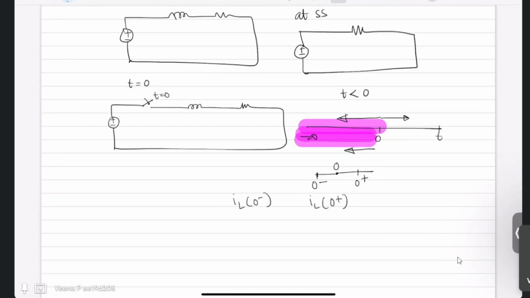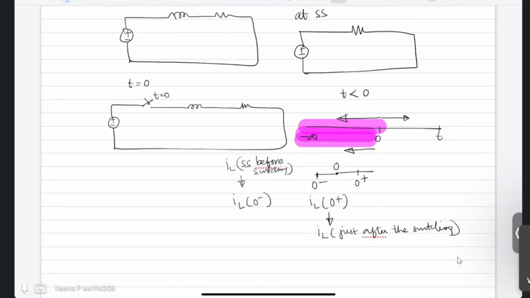So that current through the inductor at the steady state before the switching is your IL of 0 minus. Now, IL of 0 plus is your inductor current just after the switching. So IL of 0 minus is your steady state current before the switching. IL of 0 plus is your inductor current just after the switching.